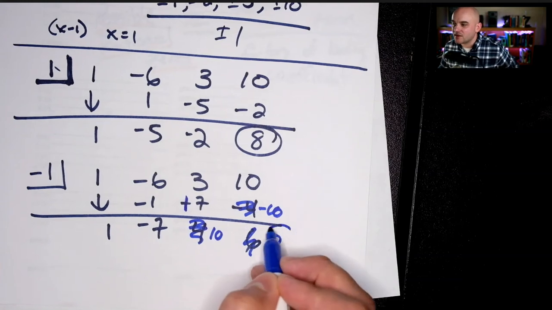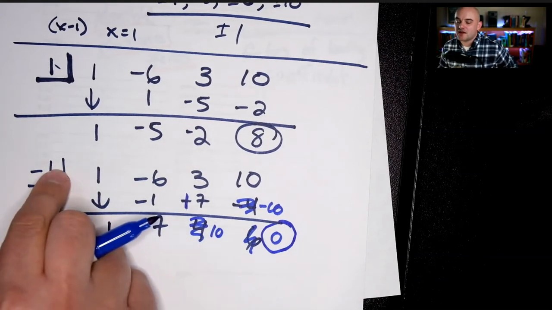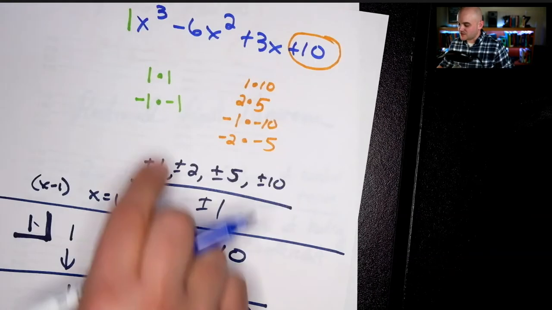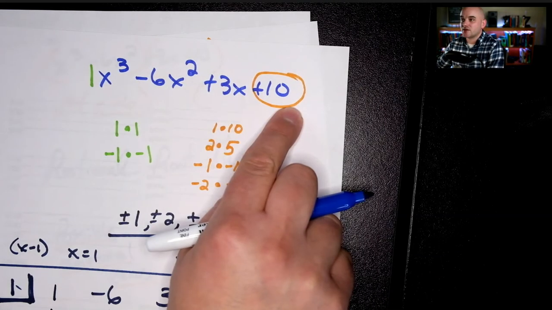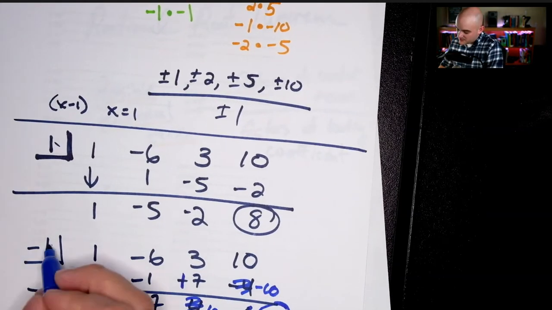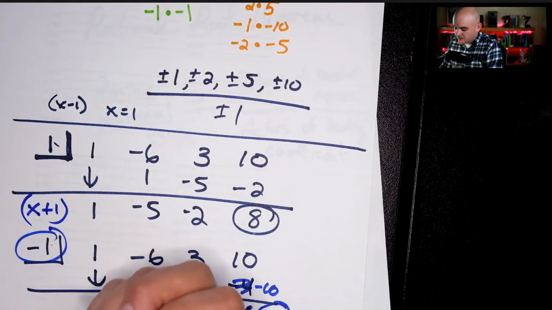But the key is this remainder is a 0, which means that negative 1 is a 0 to this function right here. You can even test it out by putting in negative 1 and you should get 0. All right. So what do we do with that? Since x equals negative 1 is a 0, that means that x plus 1 is a factor.